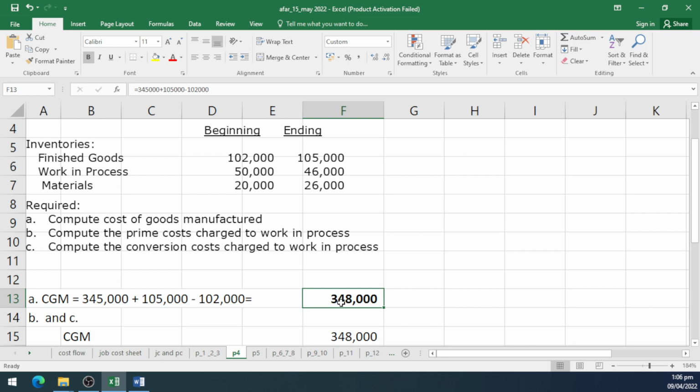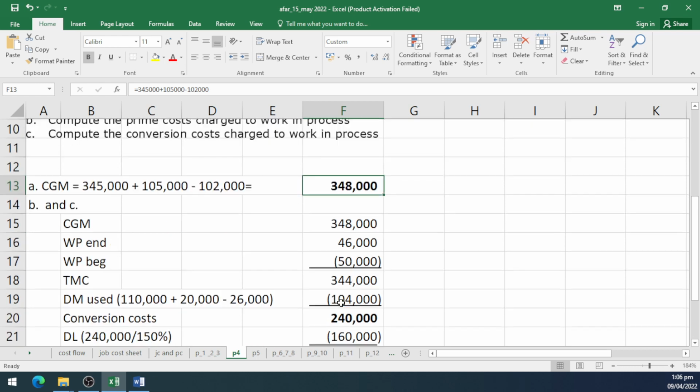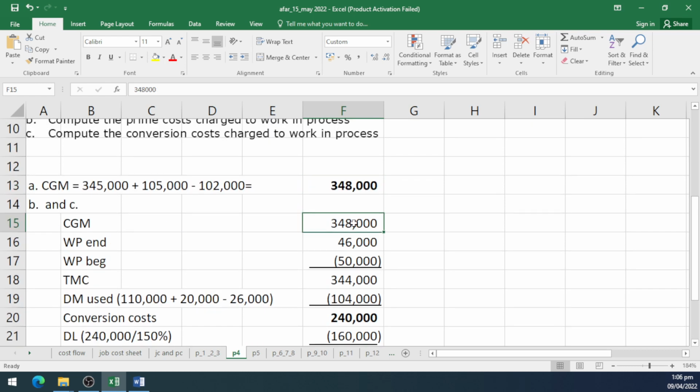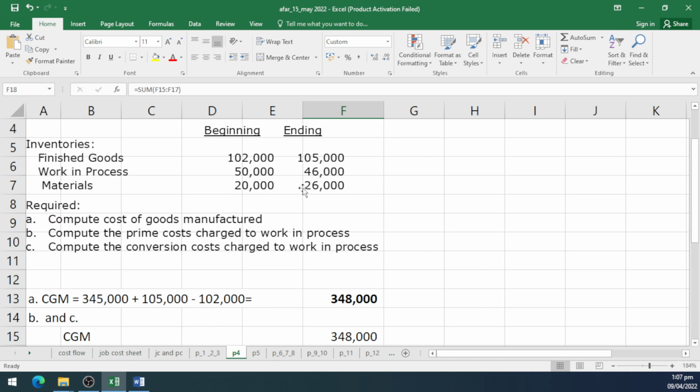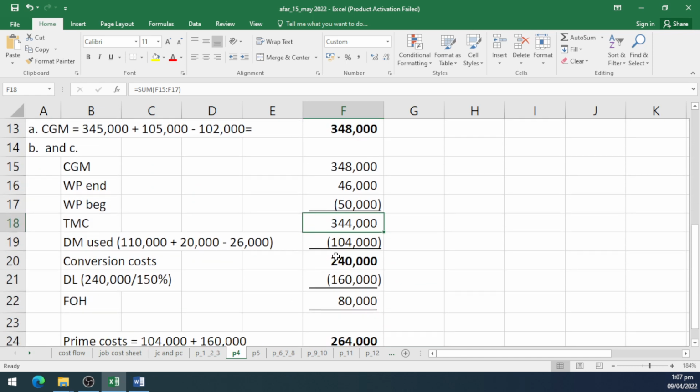So, by reconstruction po dito, yung ating CGM 348, we need to determine the total manufacturing cost. So, we add work in process end, we deduct work in process beginning, and our total manufacturing cost for November is 344,000. Then, from there, we deduct the direct materials used. Ang purchases po ay 110,000, and then 20,000 yung ating beginning, 26,000 yung ending. So, the direct materials used is 104,000.